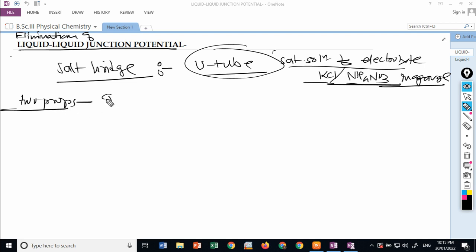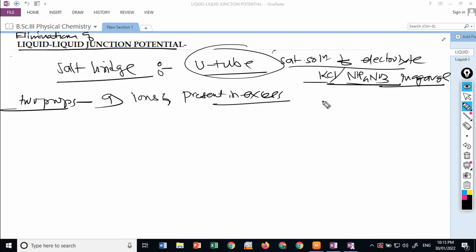The first property is that the ions of the bridge electrolyte are present in excess over the ions in the electrode compartment.